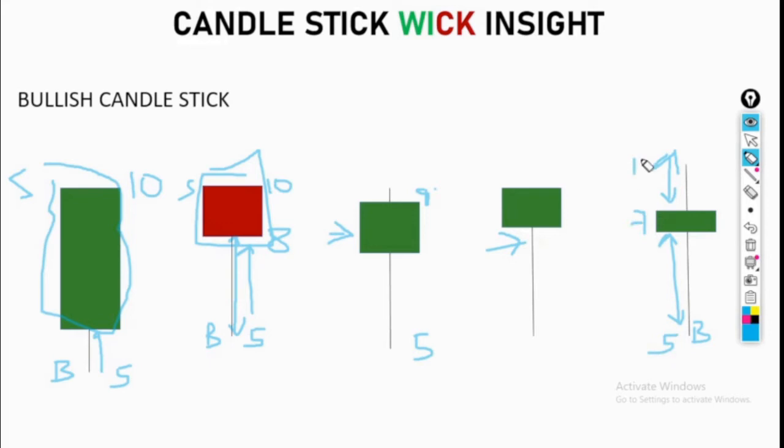Though they would have wanted it to move to the $10 price, the sellers also step in and were able to push the price from $10 back to $7. But the buyers had their way. So this is more of a bullish candlestick.